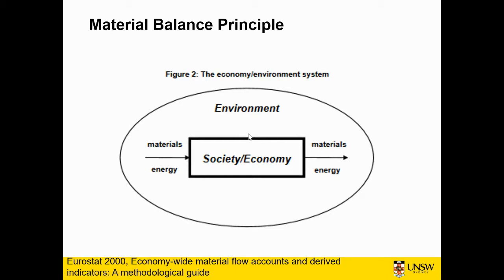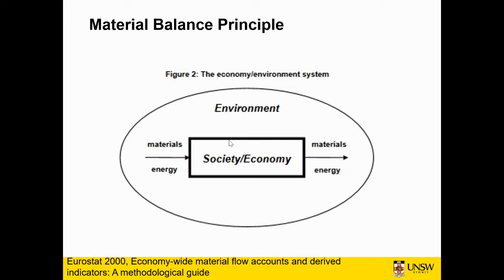So the idea of material balance is that the mass of materials is conserved. If we look at our global environment, we can neglect any exchanges of mass with outer space. There are, in fact, particles that come from space, and the atmosphere also loses some particles to space, but that's irrelevant for us at the moment.